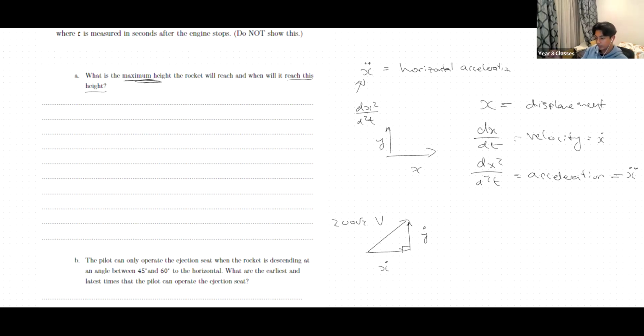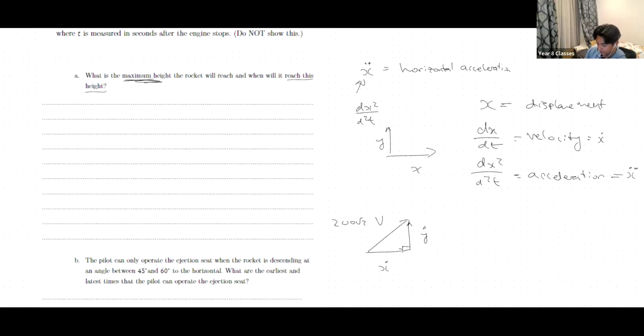Because that's when it stops, when it's the peak height. It's because it has to get to rest before it can change directions. Right, okay. And then we just put that into the equation.